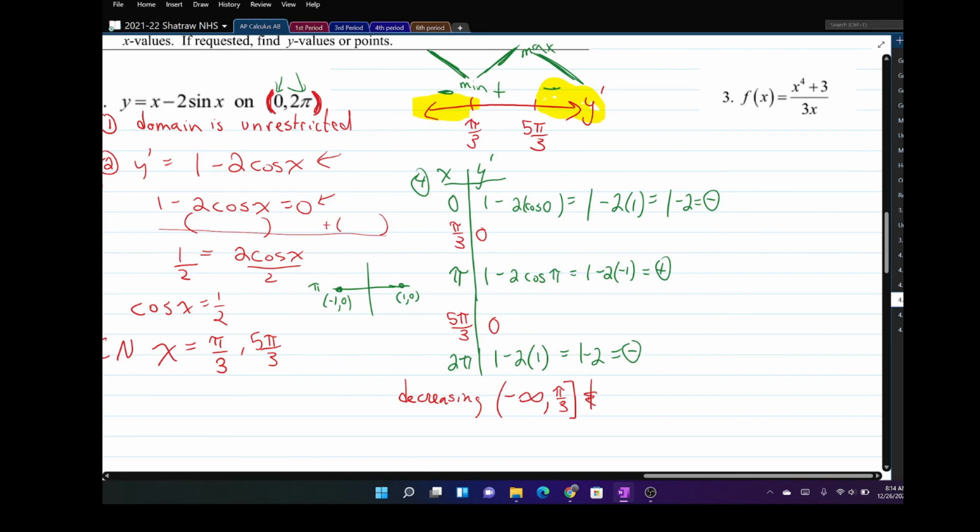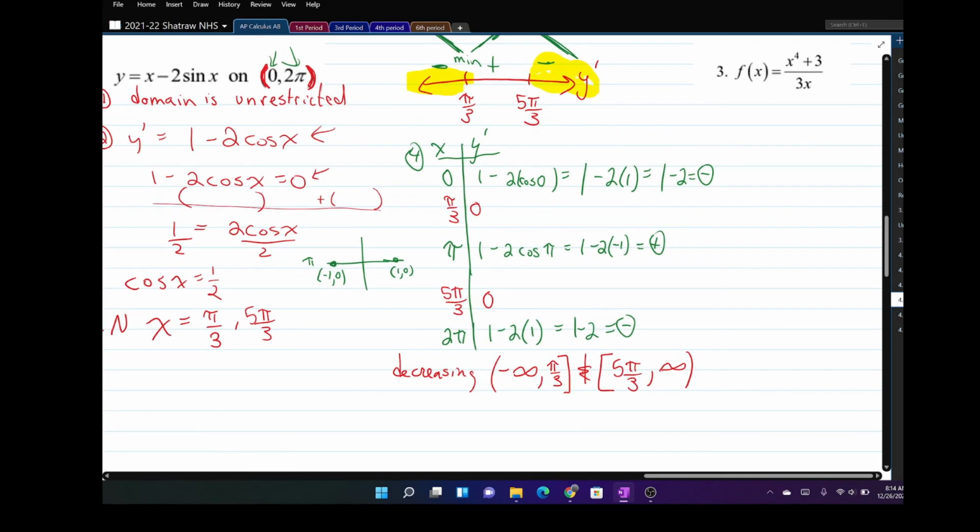And that I start up again at 5 pi over 3, and I go up to positive infinity. And then it is increasing on that big long piece from 0 up to pi over 3.